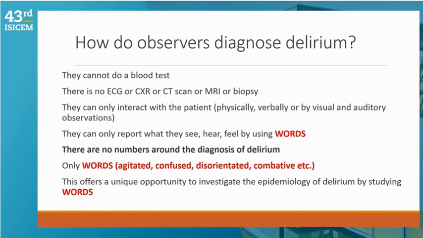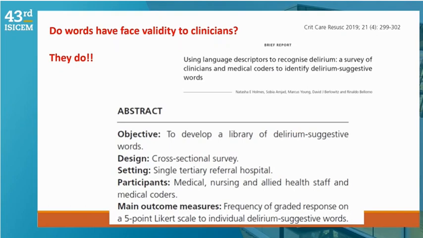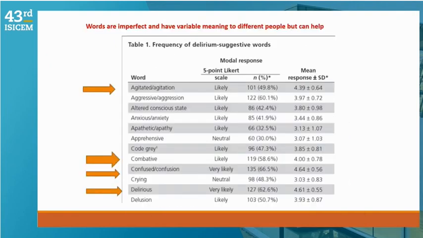And so this uniquely offers us the opportunity to use words to understand this condition. And do words have face validity? Because if you're going to use words, do they mean anything to clinicians? Do clinicians have the ability to recognize certain words as more meaningful or more likely to define the people that they think are delirious than other words?